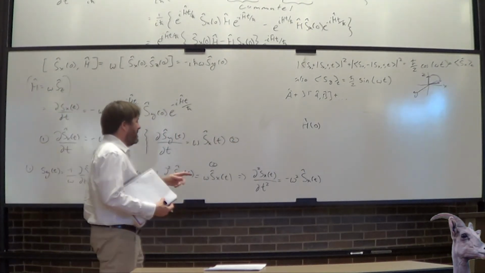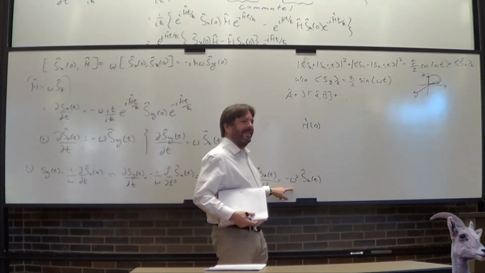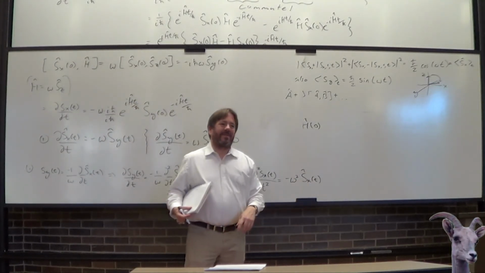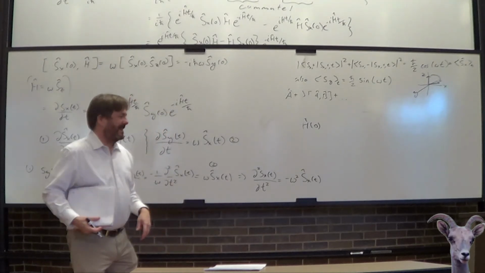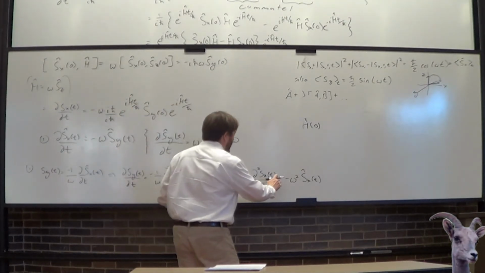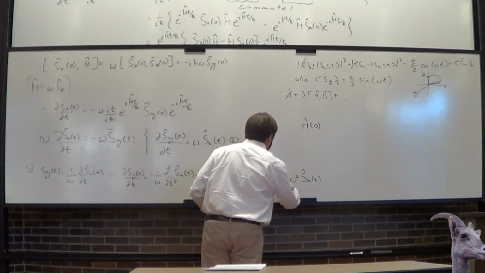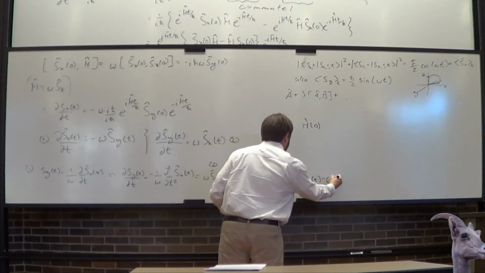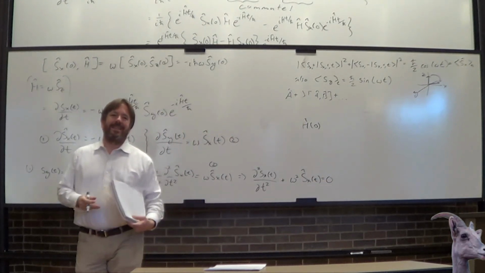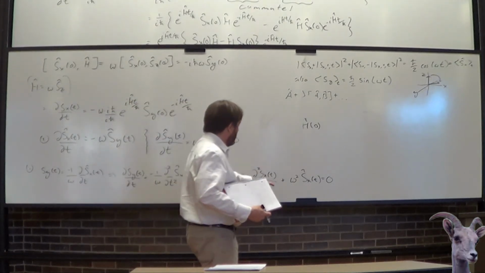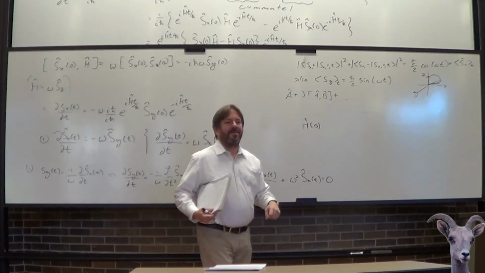The double derivative of a function is equal to minus angular frequency squared times the function. Or you can do this if you're more mathematical: the double derivative of the function is equal to minus angular frequency squared times itself.